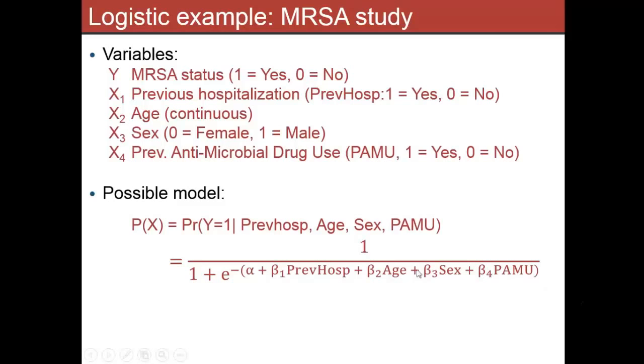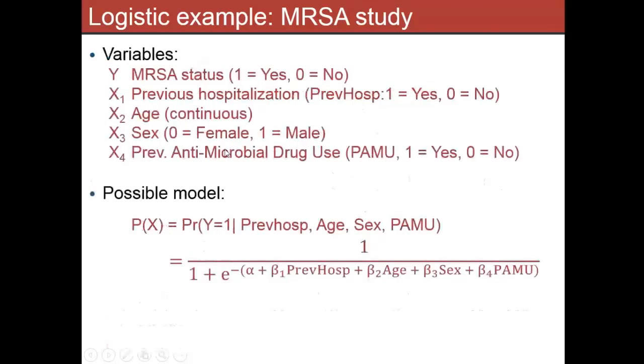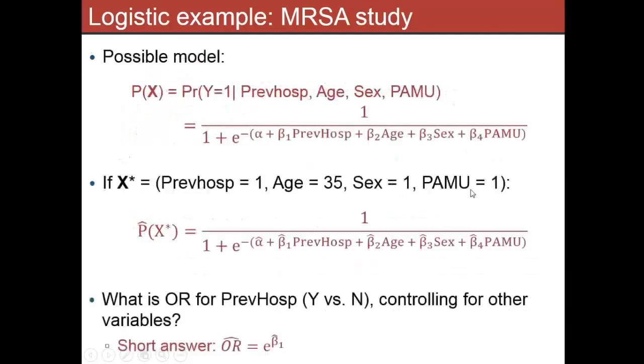So this is one model, right? You can just have the four main effects over here, one for each term. And so you can say, okay, here's our model. Let's say I have someone who's hospitalized, age 35, sex 1 is male, and then they have previous antimicrobial use, yes.